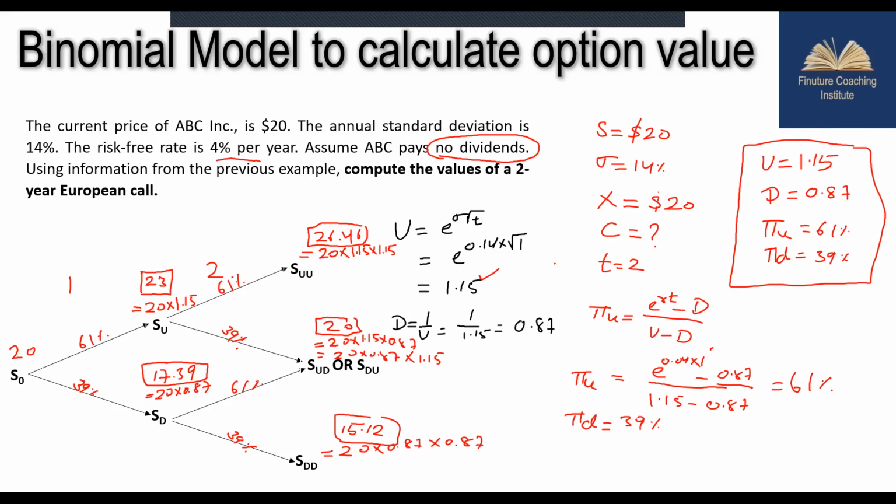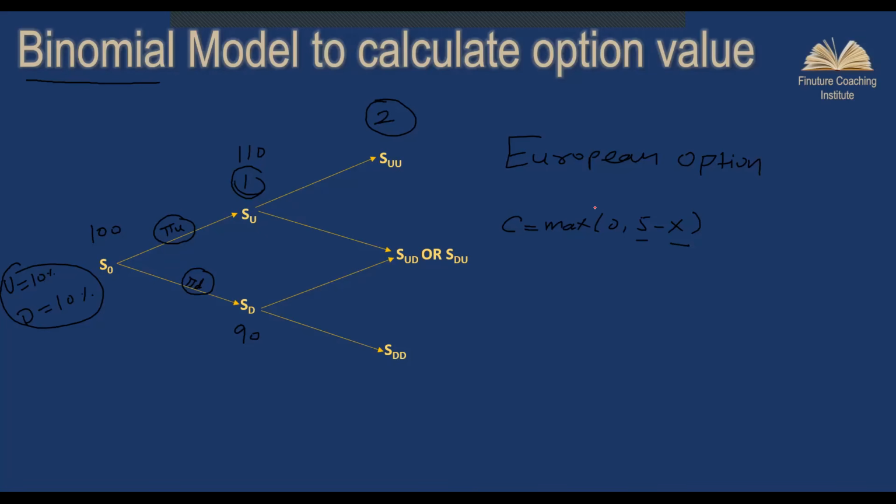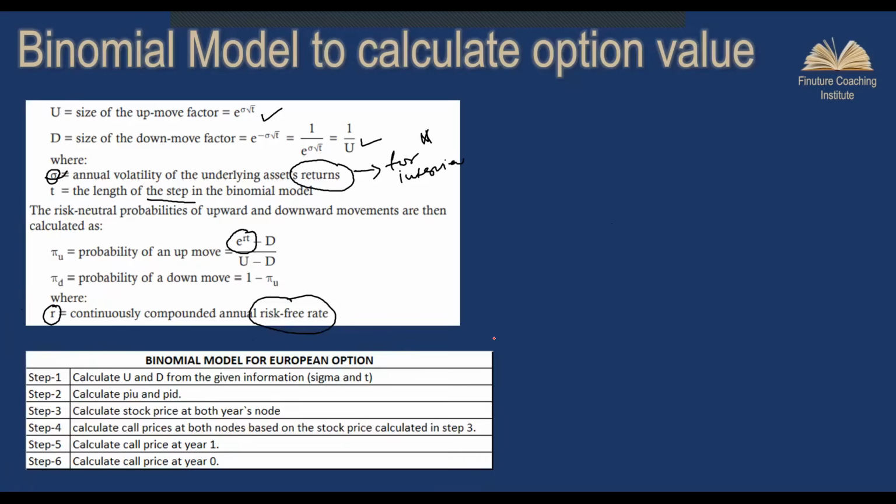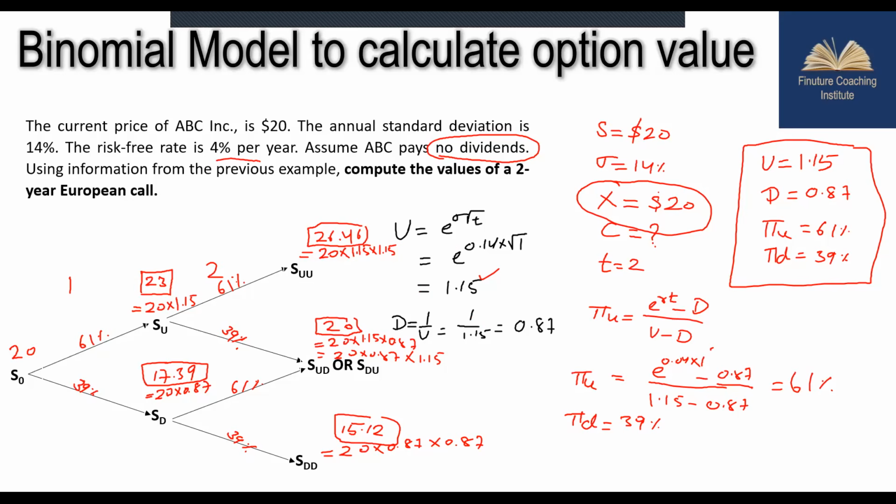So over here, as we know, the strike is $20. At this node, if I apply the call payoff formula and subtract the strike price, my call value would be, let me write in a different color so that you can spot the information later when you refer to the video, say blue.